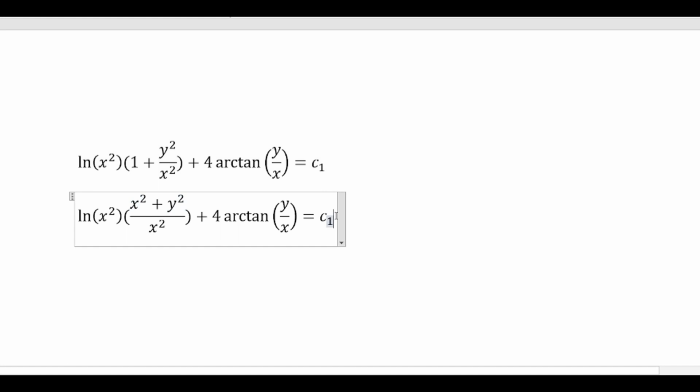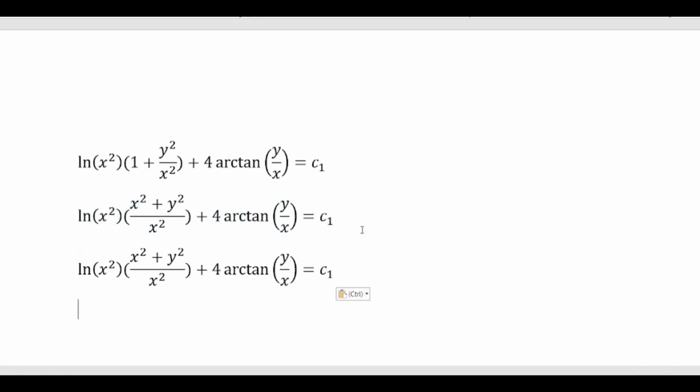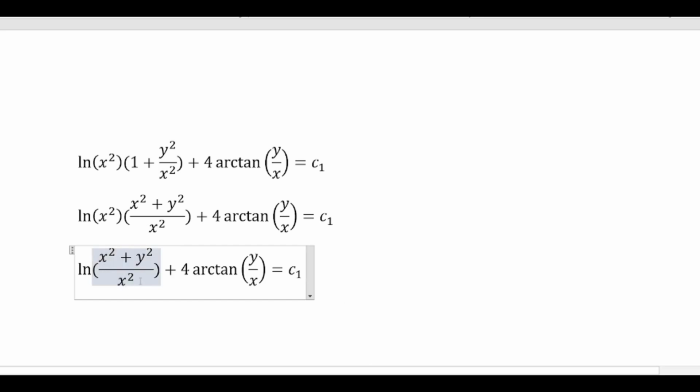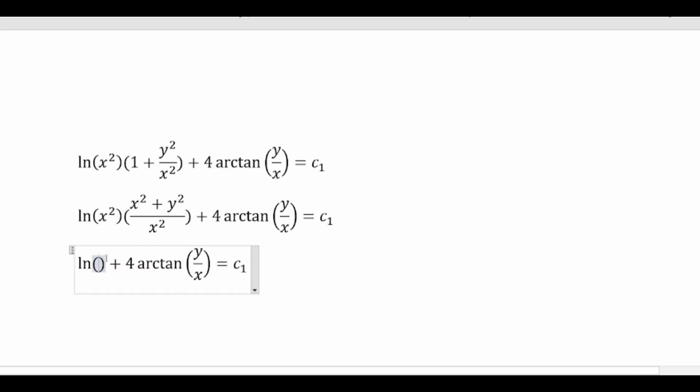So, what are we left with? Let's copy this one. This one should be cancelled, and this one should be cancelled, which leaves us with x squared plus y squared. That's it.